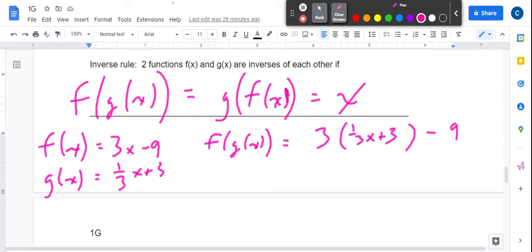Okay, so what happens here, if we do this, 3 times 1/3 x plus 3. So 3 times 1/3 x is just x. Okay, 3 times 3 is 9. Okay, this is just distributing the 3 through here, 3 through there. So f of g of x is going to be x plus 9 minus 9, which is equal to x.